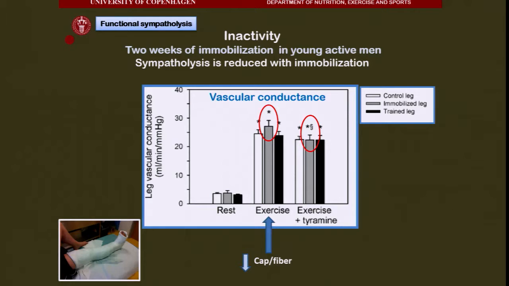Poor extraction, so they have to have greater flow to meet the oxygen demand. And you recall now that if you're not able to maintain flow when you infuse tyramine, you have impaired sympatholysis. And you can see that the two other legs here are doing well, but there's a reduction in flow in the deconditioned leg. So they do have impaired sympatholysis with 2 weeks of immobilization.